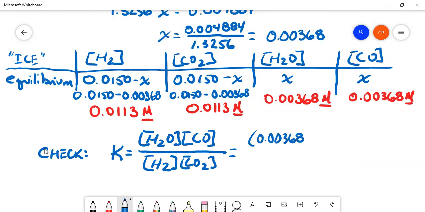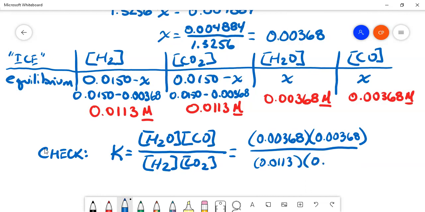0.00368 squared in the numerator, excuse me. 0.0113 squared in the denominator.